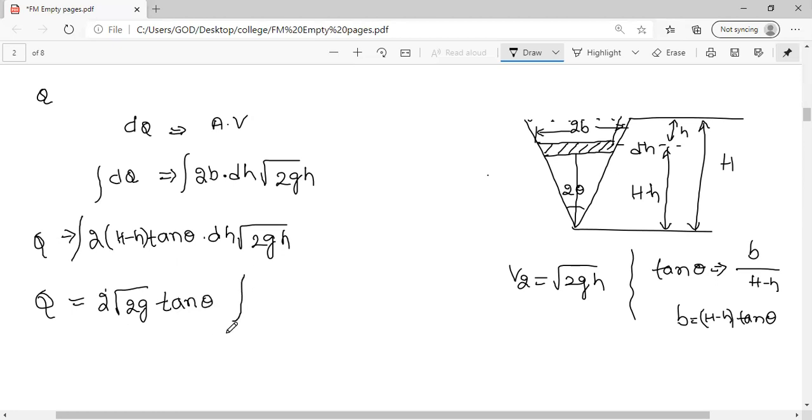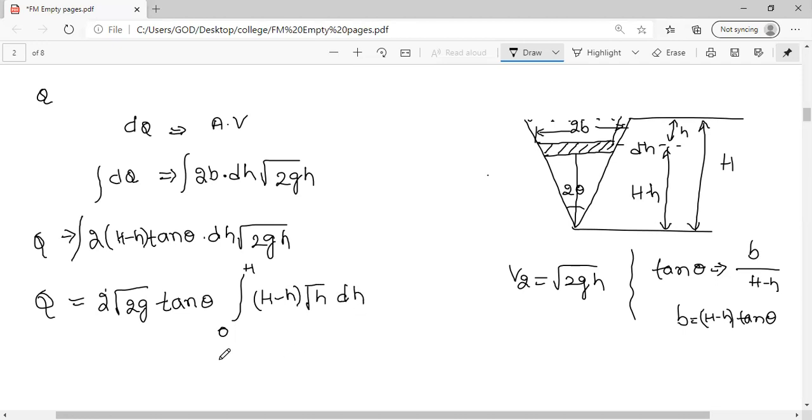Now the integral. What are the limits of integration? 0 to H, because the flow is from 0 to H. And what are the remaining terms? You can see here H minus h, of root h dh.